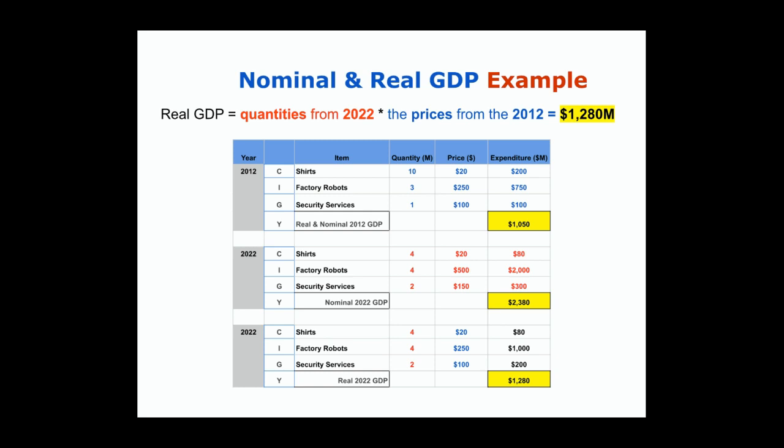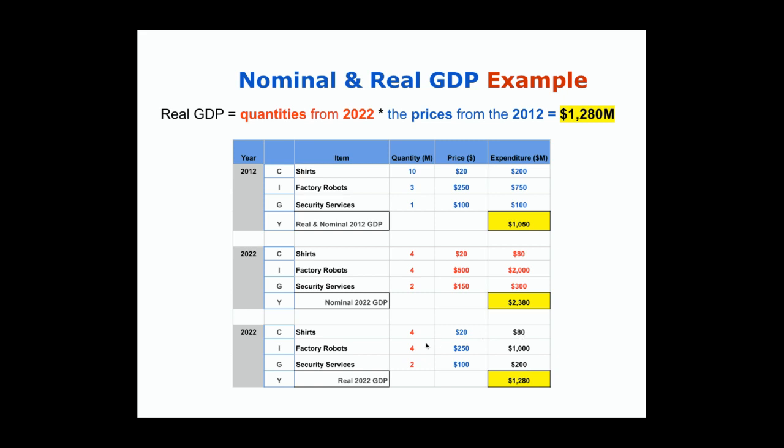So to calculate the real GDP for 2022, we use the quantities from the current year, and we use the prices for those same products or categories from the base year. And so now we get a different outcome. We use the 4 shirts from 2022 based on the 2012 price. That's $80. The factory robots are higher. It's now 4, and we use the prices from 2012, from the base year, and that comes to $1,000.